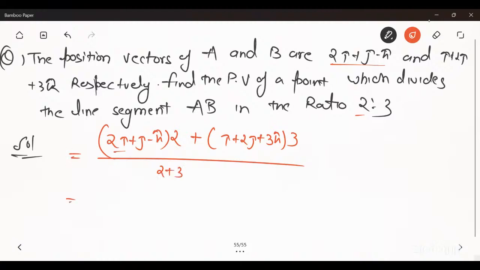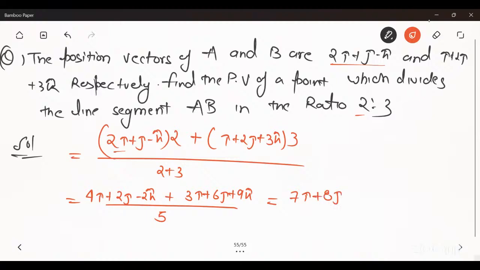So 2 into 2, that means 4i plus 2j minus 2k plus 3i plus 6j plus 9k, upon 2 plus 3 is 5. So 4i plus 3i will become 7i plus 8j plus 7k by 5 will be the answer. That means 7/5 i cap plus 8/5 j cap plus 7/5 k cap will be the answer.